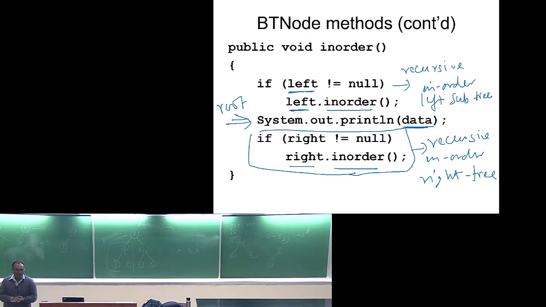If I ask you to write the implementation of pre-order and post-order, can you do that on the basis of what we have here? All right, how will our pre-order be different from this one?